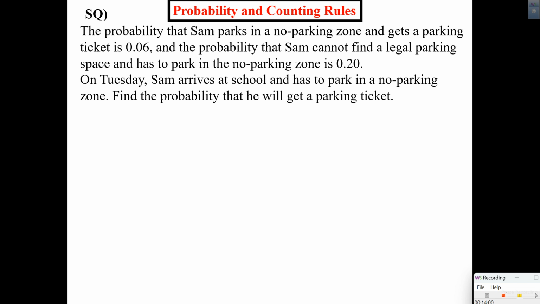On Tuesday, Sam arrives at school and has to park in a no parking zone. Find the probability that he will get a parking ticket. Once again, you're not to copy the problem. You're setting up your formula and getting started.